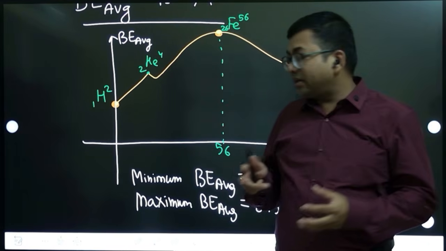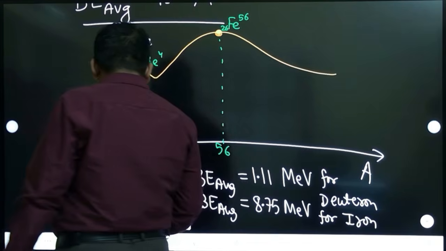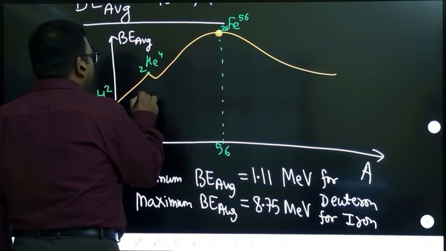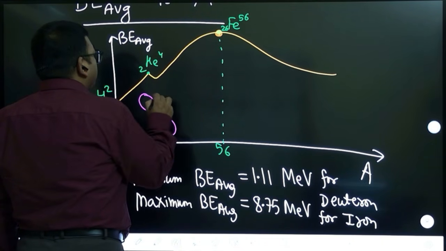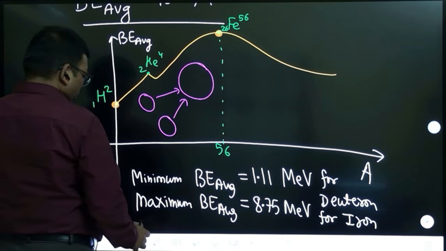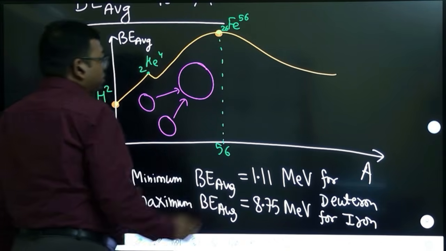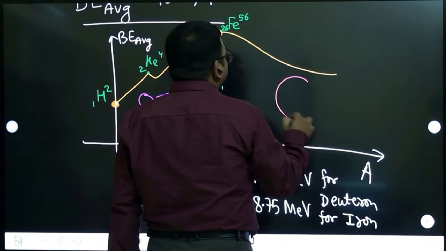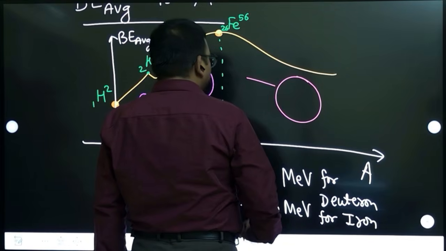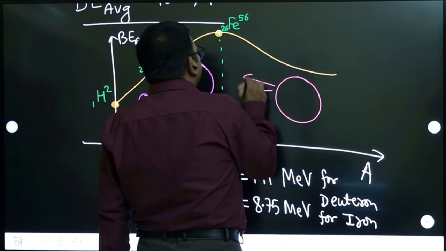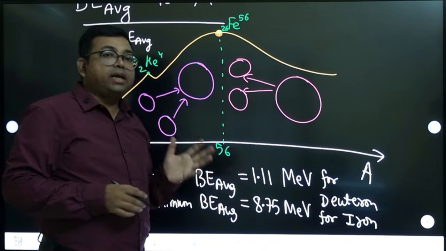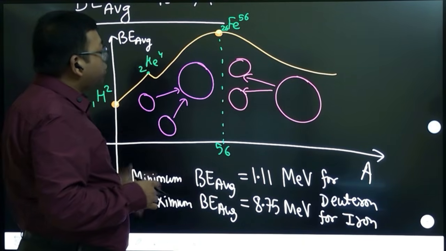From this graph, the smaller nuclei on this side will try to combine to form a bigger nucleus, and similarly the bigger nuclei on this side will break down into smaller nuclei, and they will tend to come towards iron because iron is most stable.